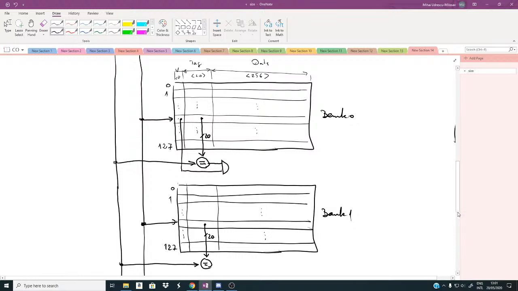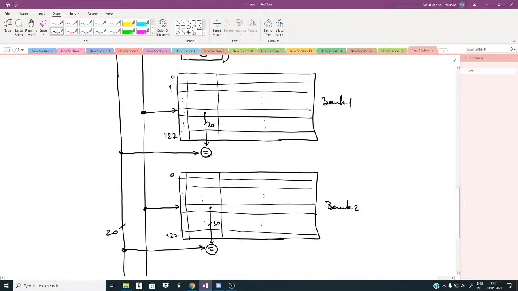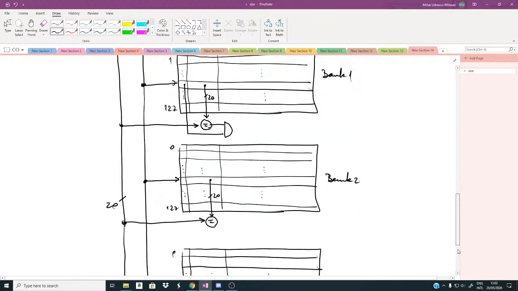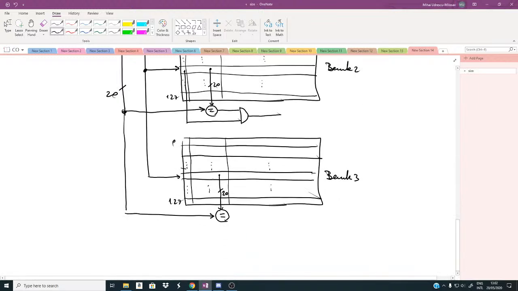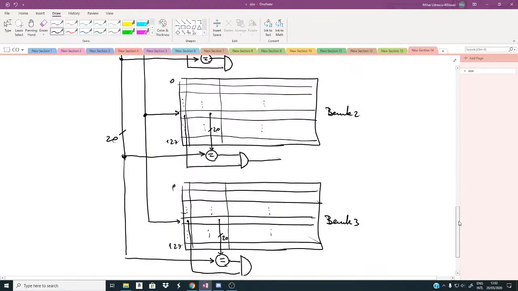Now, like this. Okay. We have an AND gate here as well.